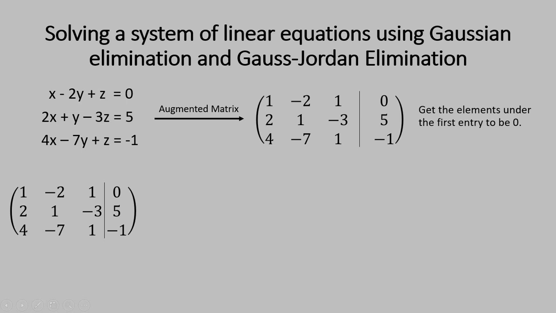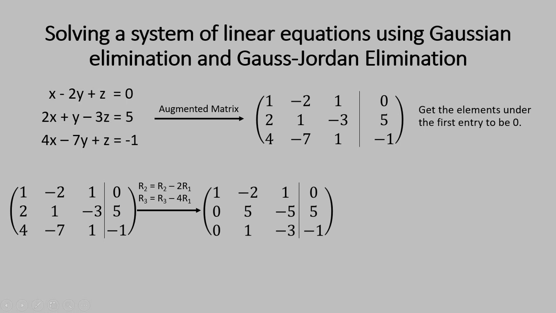Similarly, we're going to multiply all of row 1 by 4 and then subtract that from row 3. So our operations: row 2 will now be equal to row 2 minus 2 row 1, and row 3 will be equal to row 3 minus 4 row 1. That is to ensure that we get 0 here. Doing that gives us this matrix.